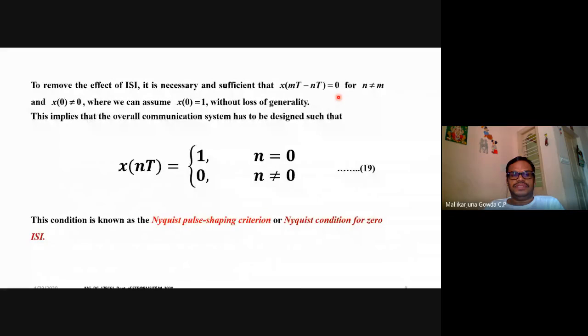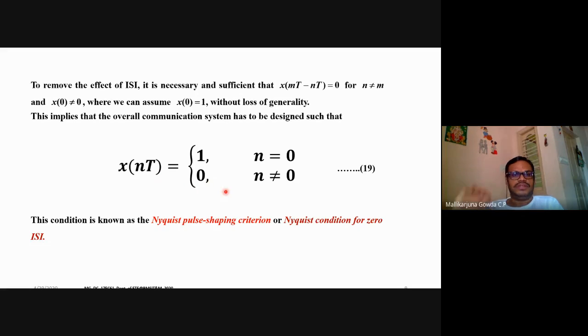And we can assume x(0) is equal to 1 without loss of generality. In a simple way, this implies that the overall communication system has to be designed such that x(nT) is equal to 1 when n equals 0, and for other values of n, when n is not equal to 0, x(nT) should be equal to 0.